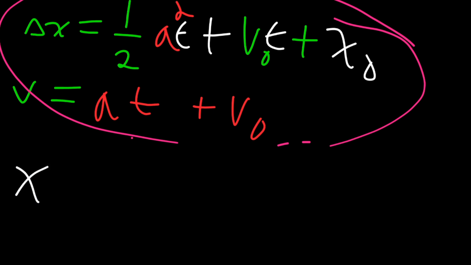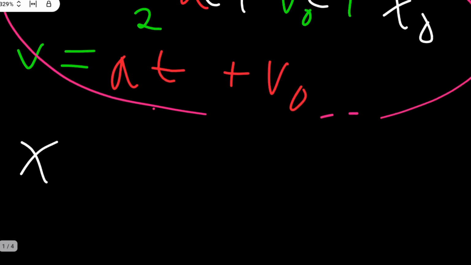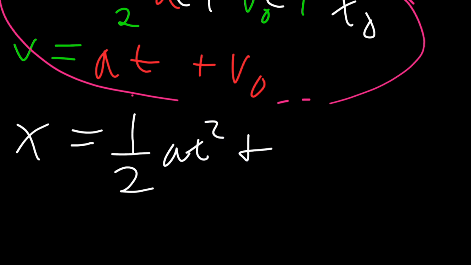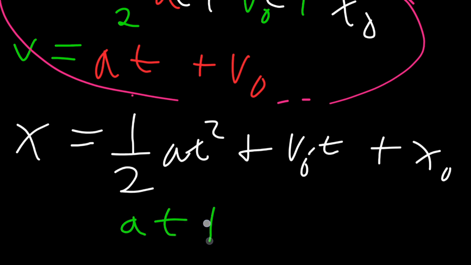So, if we implicitly differentiate this function here, delta x, excuse me, if we implicitly differentiate this x, and we know it equals 1/2 at squared plus v initial t plus x initial, and we derive this, what's it going to be? It's going to be, bring the 2 down, at plus v initial plus 0, and this becomes our velocity function.